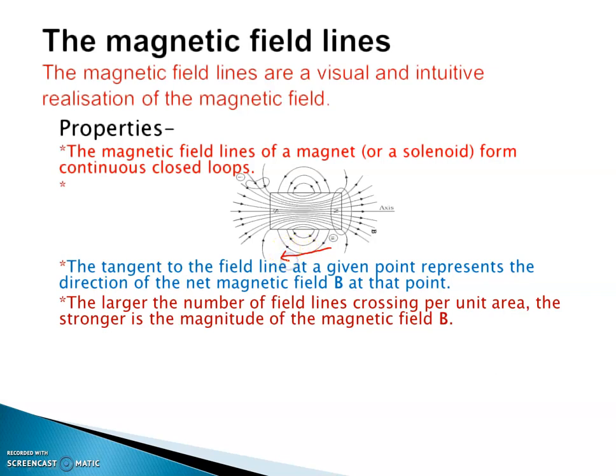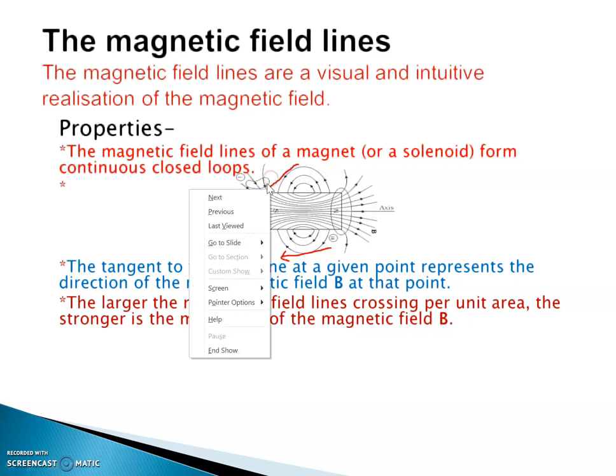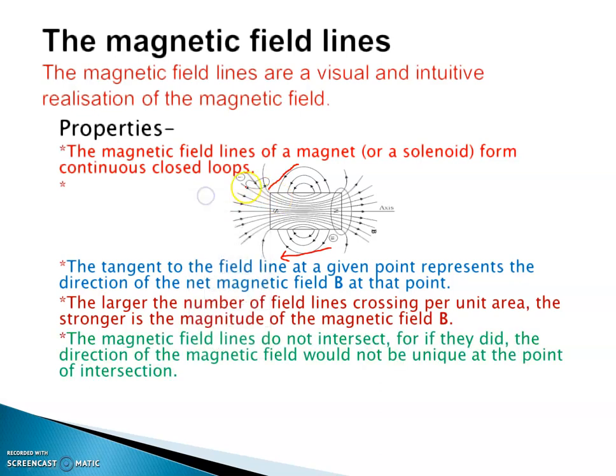That tangent will give the direction of magnetic field. In this way, a tangent will give the direction of magnetic field at any point.